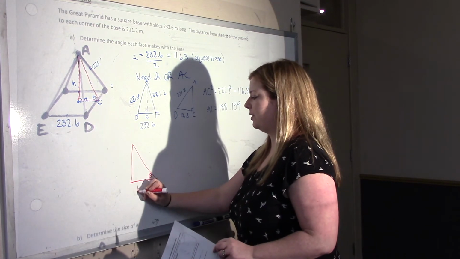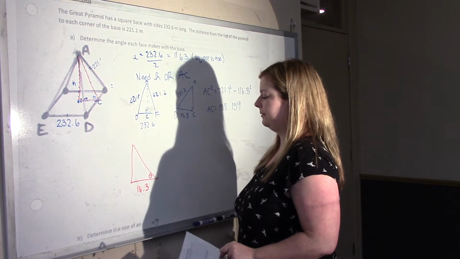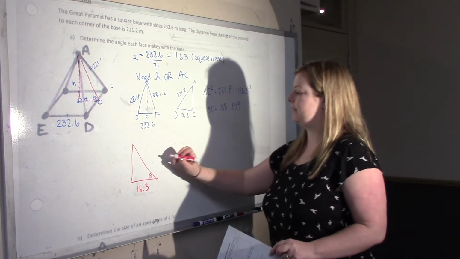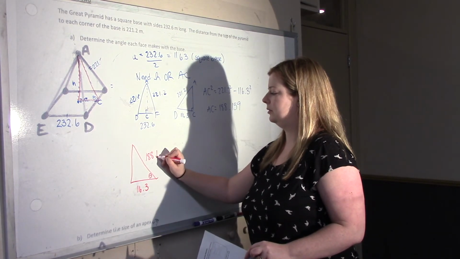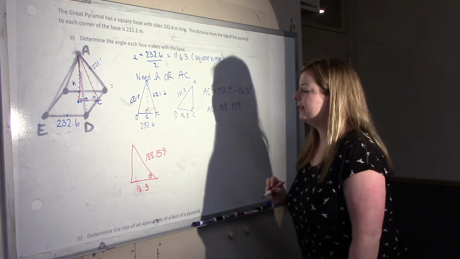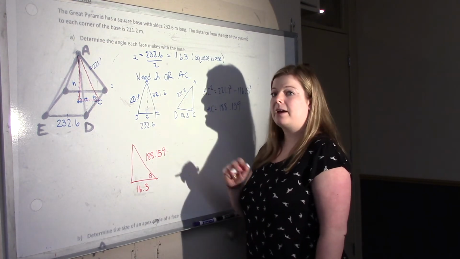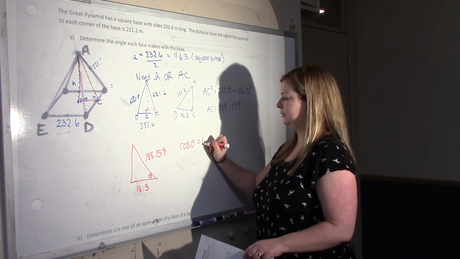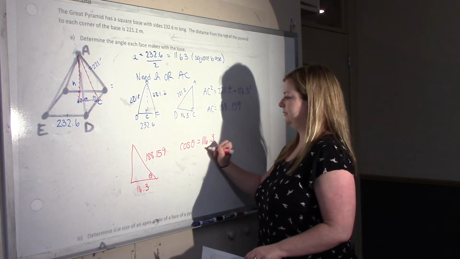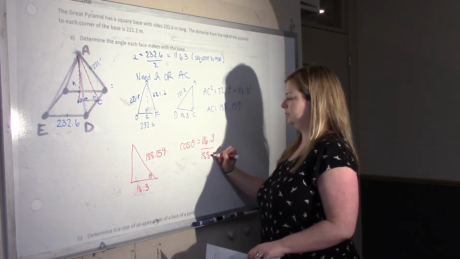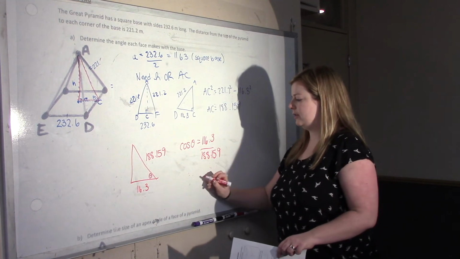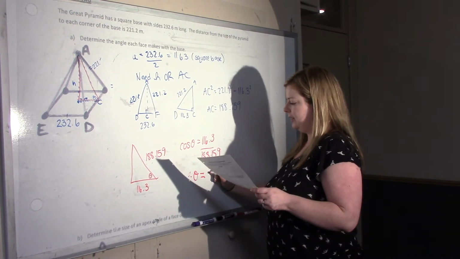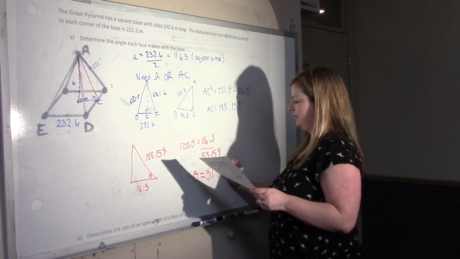I know that this is 116.3, and I just found that AC is 188.159. So I know my adjacent and my hypotenuse, so I can use cos. Therefore, theta is equal to the inverse cos of this, so it's 51.8 degrees.